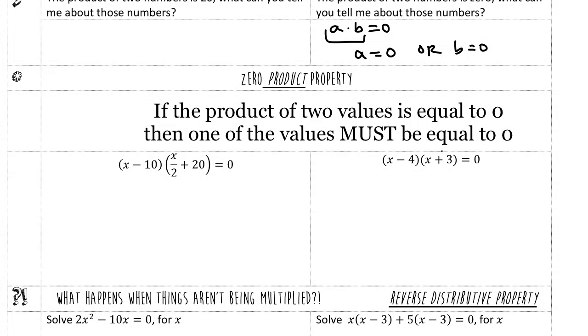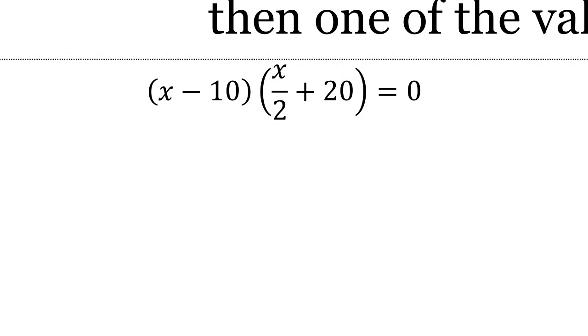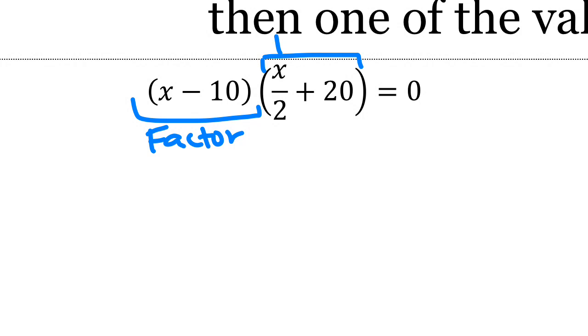So I'm going to look at this first problem here. I have x minus 10 times x over 2 plus 20. So I can see that I have two items that are being multiplied by one another. This is a factor, this is a factor, and 0 is their product.